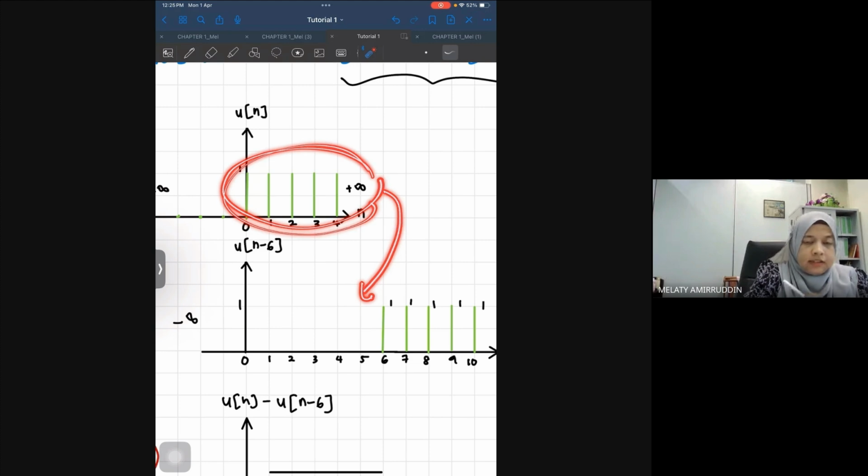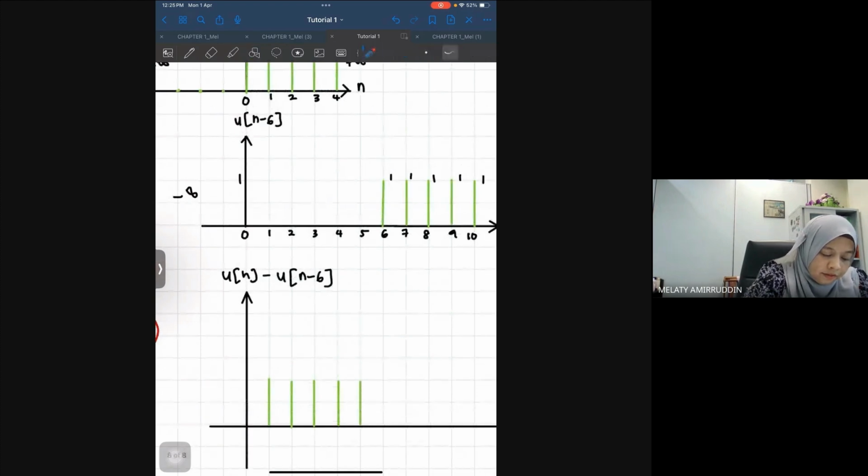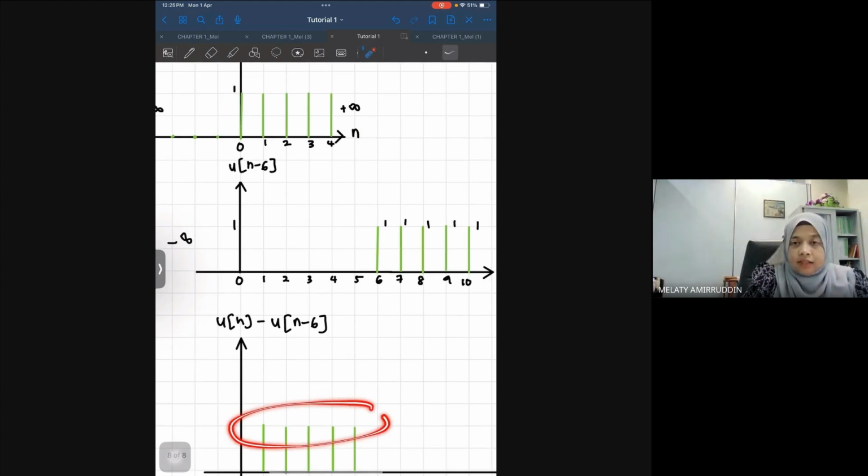So I will draw it. 1, 2, 3, 4, 5. Remember 5. Until number 5. At number 6, you have another signal here. So the 0 signal is only until 5. So amplitude of 1 minus 0, meaning you will get amplitude of 1 again.